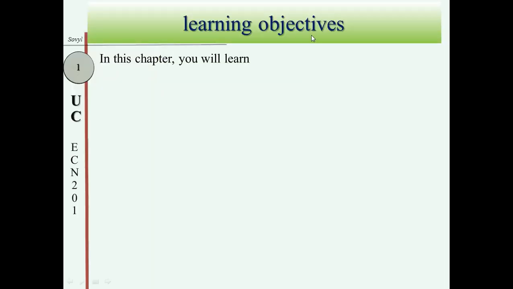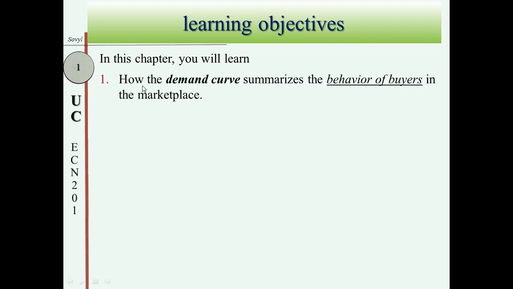This is objectives. In this chapter, you will learn 1. How the demand curve summarizes the behavior of buyers in the marketplace. How the demand curve describes the behaviors of buyers, consumers in the marketplace. Before you answer this question, you need to understand what the demand curve is.